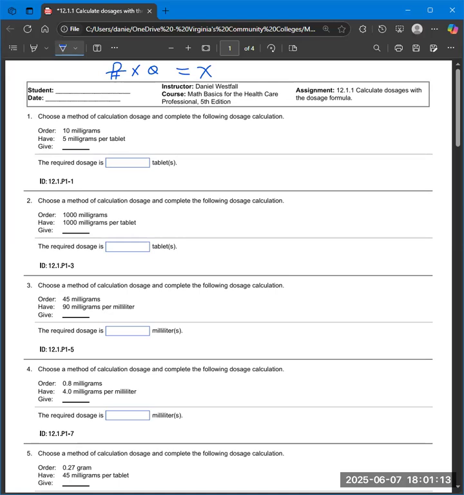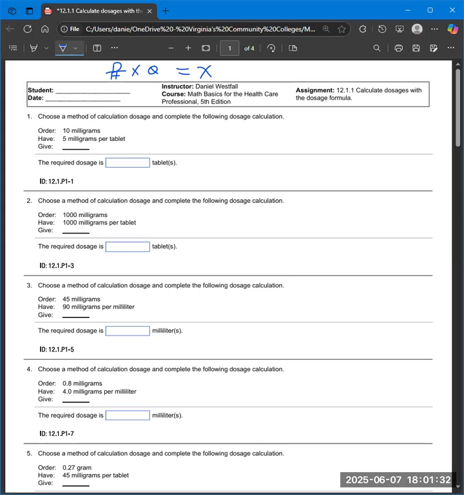Like, is it a tablet or is it 5 milliliters or teaspoons or whatever? How is that dose measured, that there's this much drug in that much quantity of stuff?